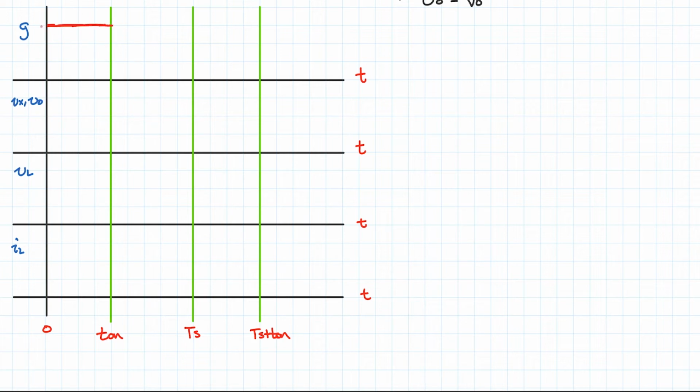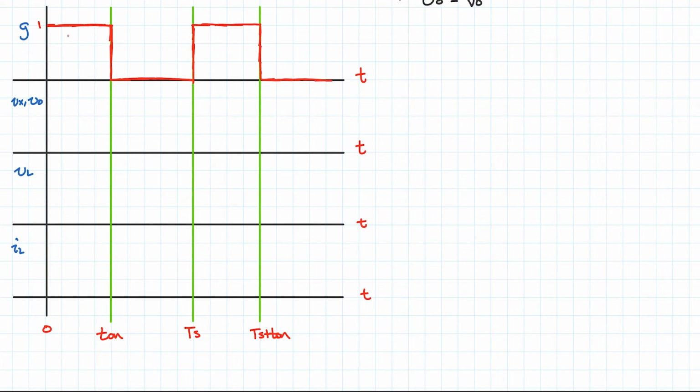So it's 1 here, and then it drops down as soon as we say it's off, because remember, we said the switch should be on from 0 to T on. Then it stays off for this period of time, and then it turns on again, and then it turns off at TS plus T on, and this behavior continues indefinitely unless something changes.